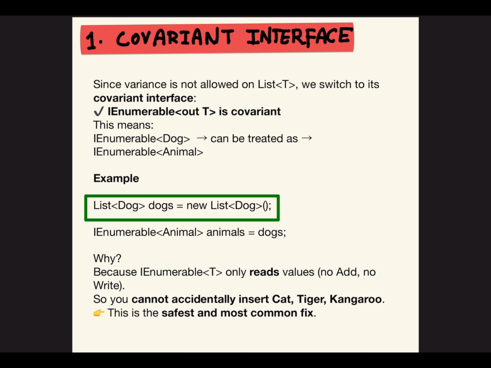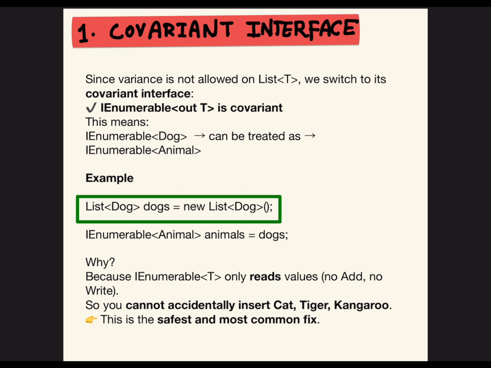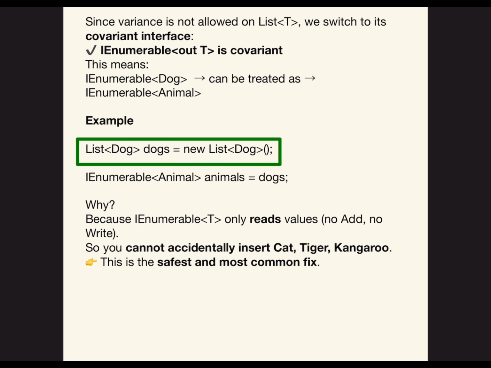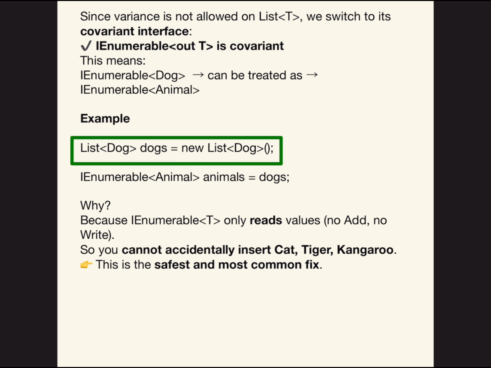What it means is that IEnumerable of Dog can be treated like IEnumerable of Animal. So now you can assign these dogs inside these animals. Why? Because IEnumerable of T only reads values. It will not add, it will not write anything. So you cannot accidentally insert cat, tiger, or anything else. This is the safest and most common fix.